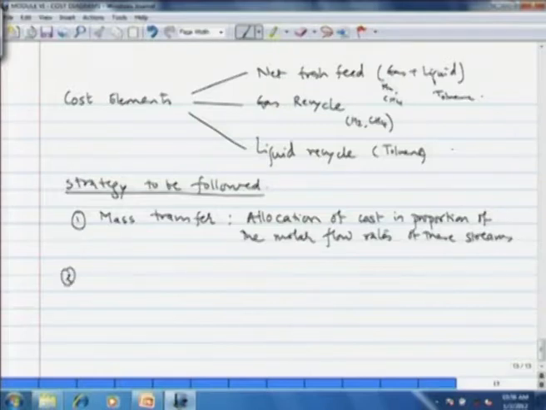And as far as the heat transfer operations are concerned, we shall allocate the cost in terms of the heat duty on the particular element that is involved in that operation.